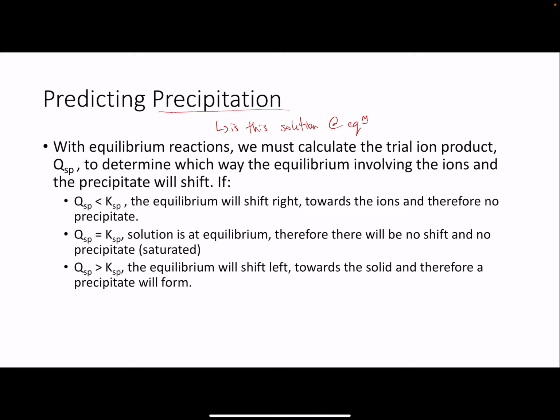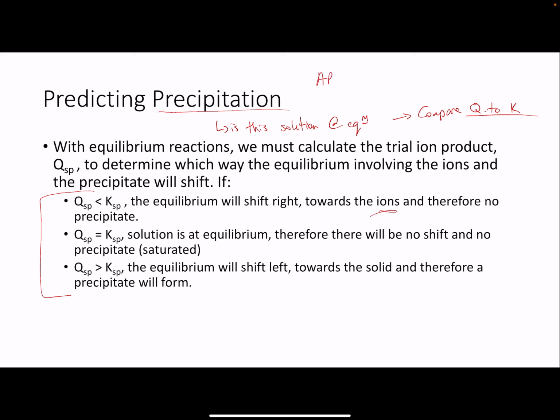Going back to what we learned earlier, to solve this, we need to compare Q to K. Under the conditions we outlined before, if Q is less than K, it's before the equilibrium, so it shifts towards the products, which is the ions in this case.